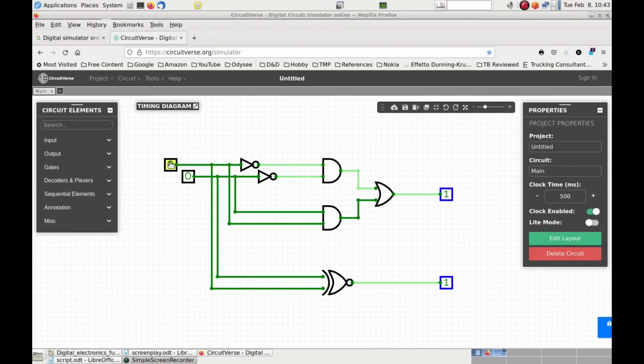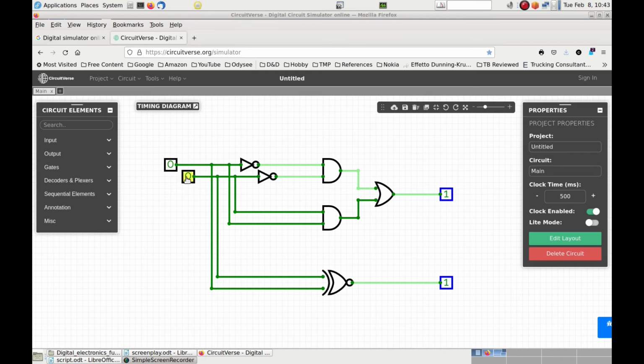Here is the simulator workbench with the XNOR circuit already drawn on it, as well as a separate XNOR gate that we will use as a reference like we did before for the XOR gate. You can see right now that both inputs are set to 0, and the output of the circuit is at 1, as well as the one for the XNOR gate, and so the first row of the truth table is actually verified.